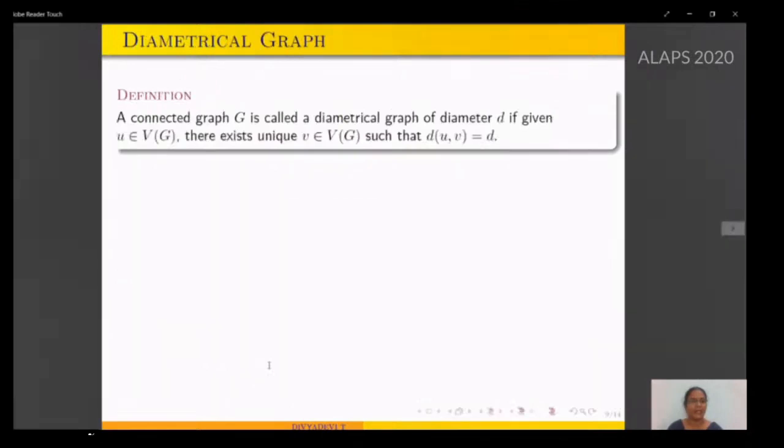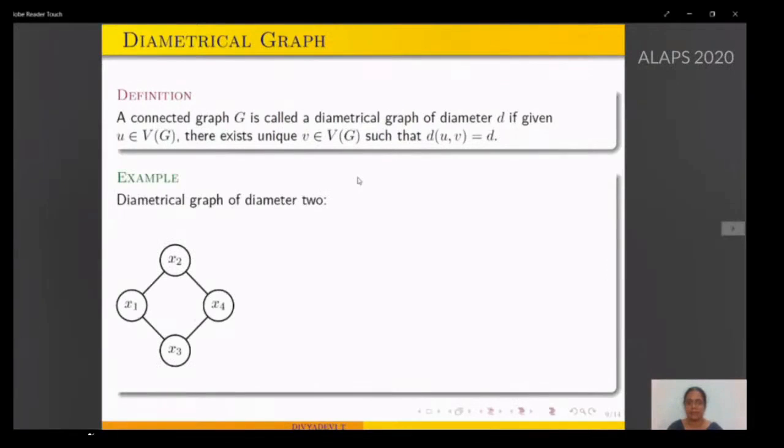Now we can go for the computation of the eccentric spectrum of some graphs. For that, we need the notion of a diametrical graph. We call a graph G a diametrical graph of diameter D if, given any vertex U, there exists a unique vertex V such that the distance between U and V is D. A cycle of length 4 is one such simple example.